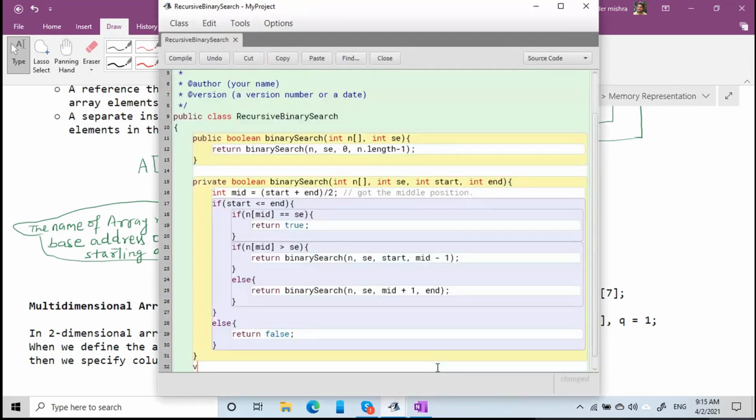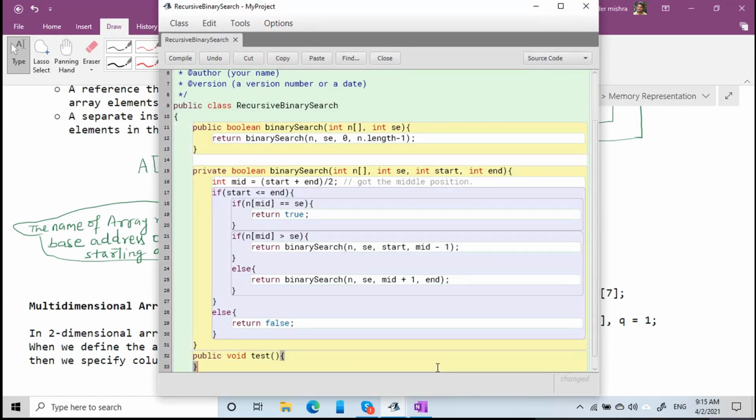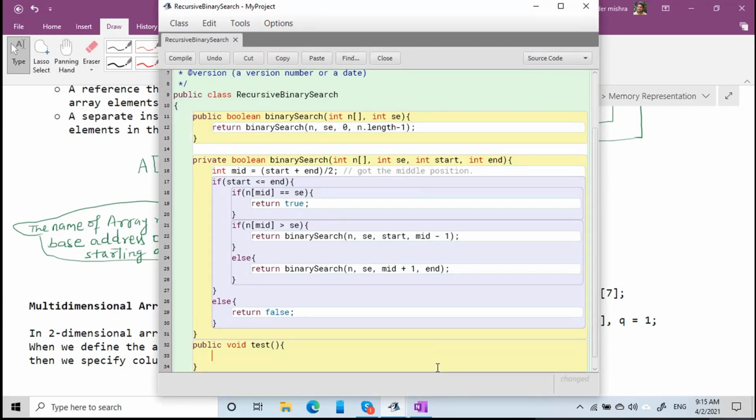Writing here a method void, and in the test function I'm declaring the array. So for example, short. You can use any data type. I'm using short here, and then I'm writing p equal to new short, with 5 and 7.